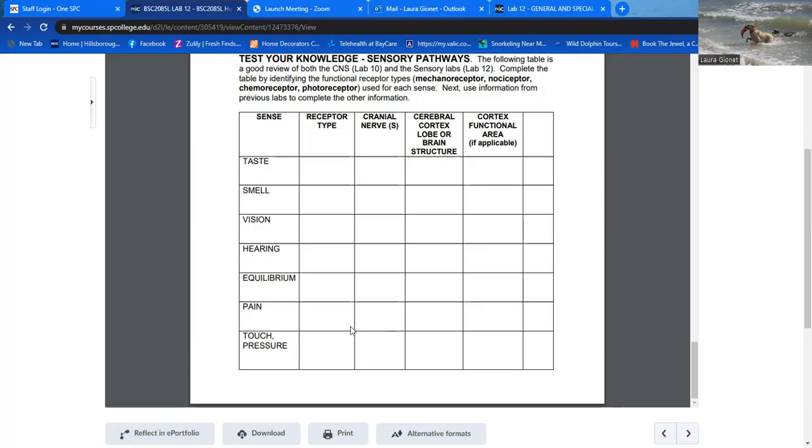But if it is from visceral organs, it would be conveyed on the vagus. Remember, vagus is the only nerve that provides sensory or motor to structures below the shoulders and the thoracic, to visceral organs in the thoracic and abdominopelvic region. The lobe would be parietal, and the functional area would be the somatosensory area.